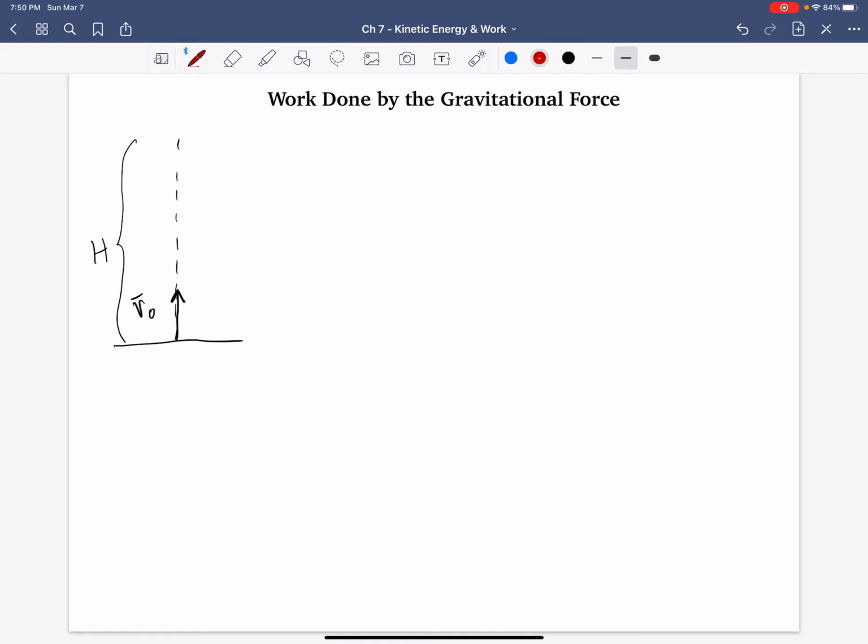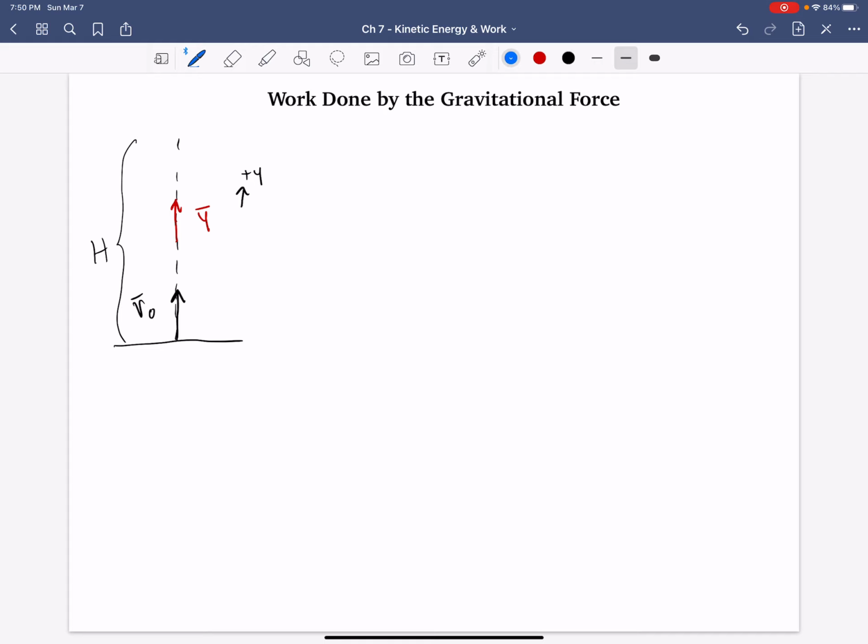As it's moving up, its displacement is pointing upwards. I'm going to write that as the y vector. You can put that as dy, you can put that as r vector, you can even write that as h, but for right now I'm putting it as y because that's the positive y direction.